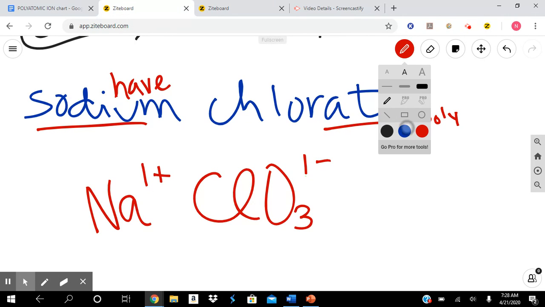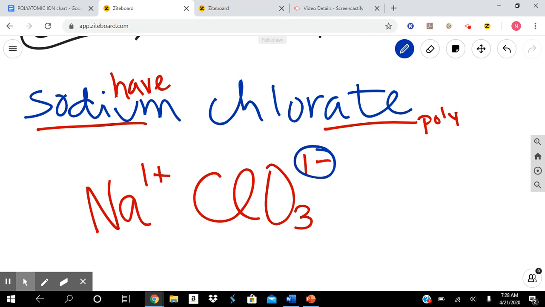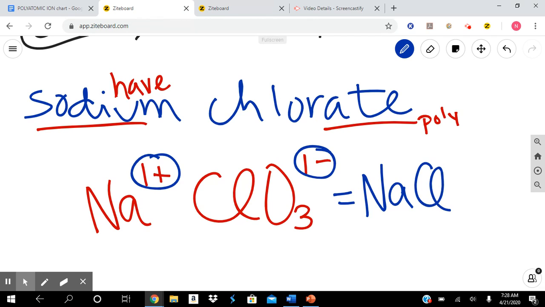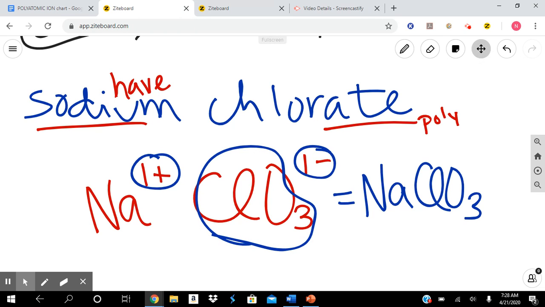So what I mean by are the charges the same? Well, this is a negative 1, and this is a positive 1. But numerically, they're both the same, 1 and 1. So when the charges are the same, we don't write the charges, and we just put the ions together. Now, this whole thing is chlorate, so I can't change it.